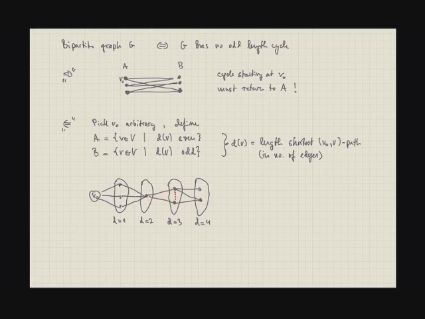And therefore, putting all the even distance vertices into A, so that would be this one, this one, this one, and the other ones into B, indeed gives me a valid bipartition of the graph, such that all the edges go from vertices in A to B, but not within A or within B. So that finishes the proof of our characterization of bipartite graphs.